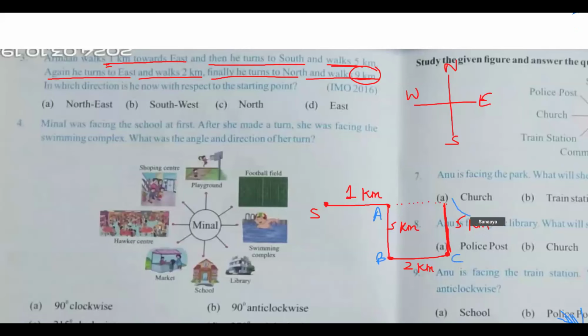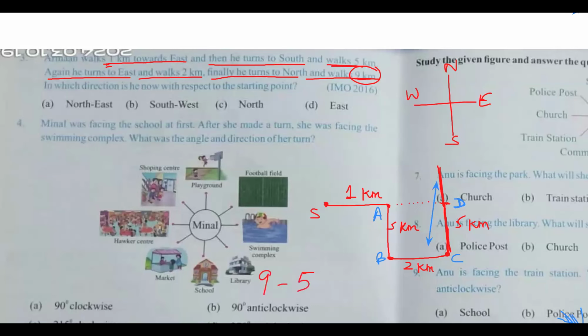And from C point he has to cover total 9 kilometers. Till here is 5, but he has to cover total 9 kilometers. That means how many kilometers more? Suppose this is D point. Till D point he has moved 5 kilometers, but total he has to move 9 kilometers. That means how many kilometers are left?